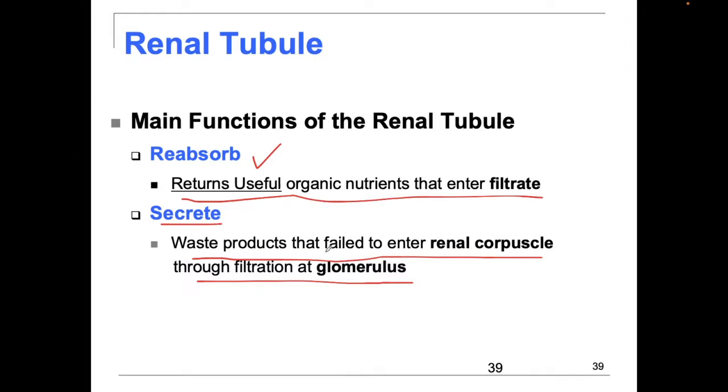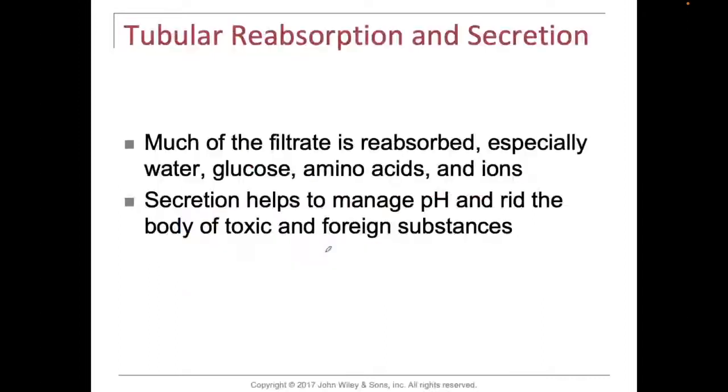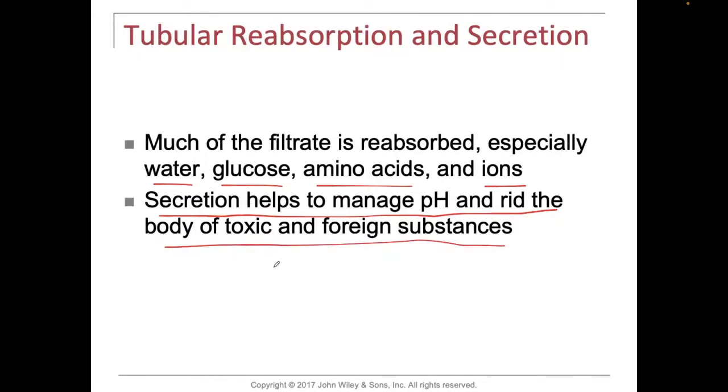And much of the filtrate is reabsorbed, especially water and glucose and some amino acids and some ions. And secretion helps to manage the pH and rid the body of toxic and foreign substances. So secretion leads to excretion.